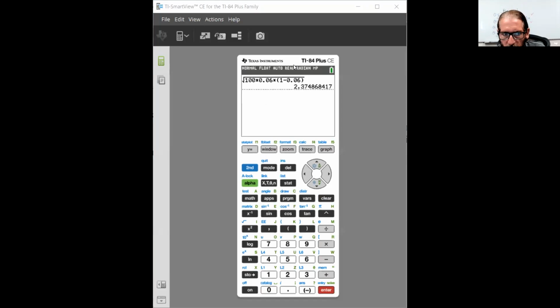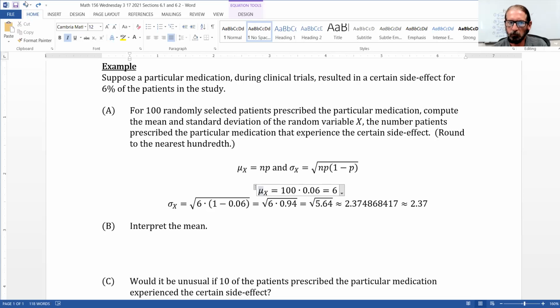So interpret the mean. Remember that we should be thinking about what's happening in the long run. What if we were to get simple random samples of 100 patients, prescribe the particular medication, and do that over and over? What if we could get all simple random samples of size 100 from people that have been prescribed that particular medication?